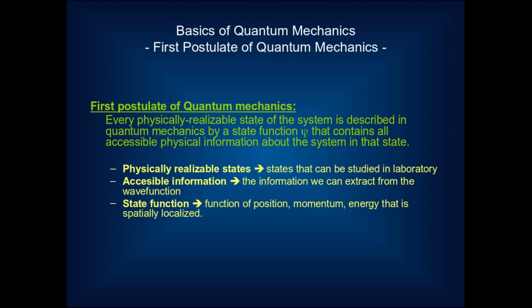Physically realizable states are those that can be studied in laboratories. Accessible information is the information we extract from the wave function, the state function, a function of position, momentum, and energy that is spatially localized.